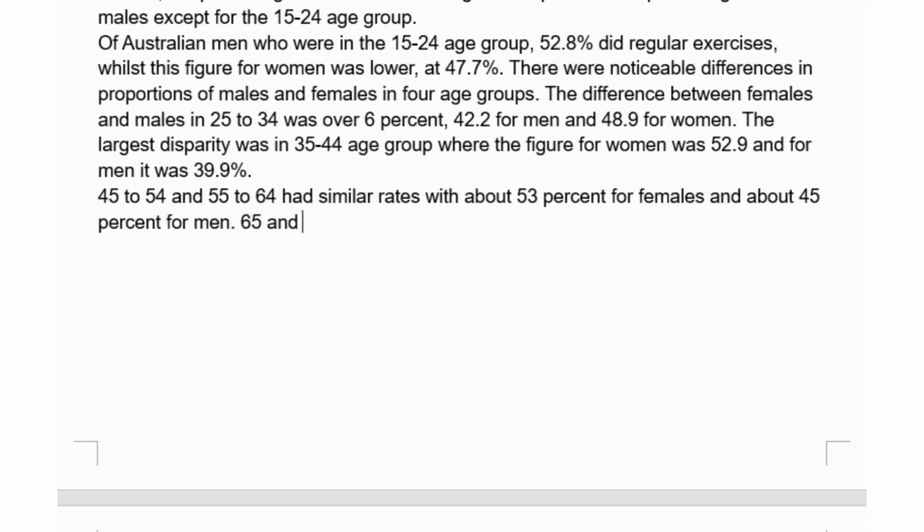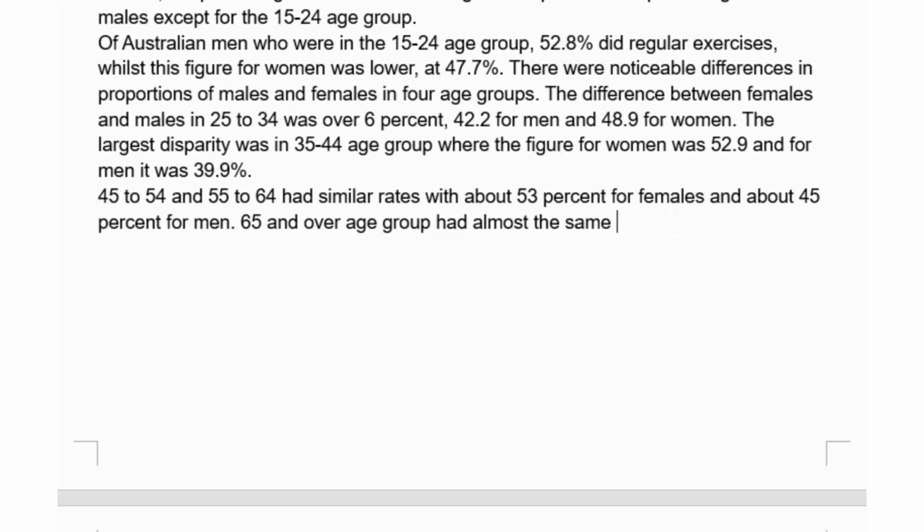65 and over age group had almost the same numbers.